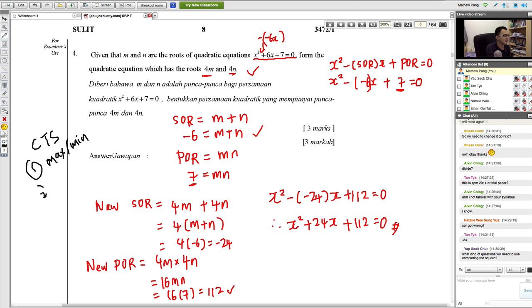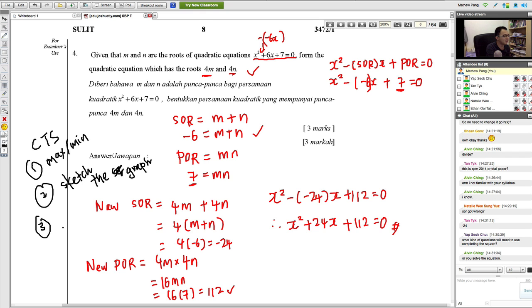The second is when the question asks you to sketch the graph. You will need to complete the square to sketch the graph. Third, if the question asks you to rewrite your equation into this form, a(x minus h) squared plus k, basically you will need to do completing the square. Only in these three conditions you will need to do completing the square.